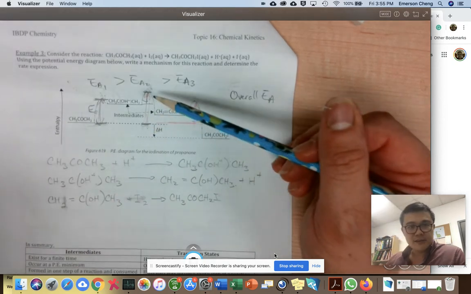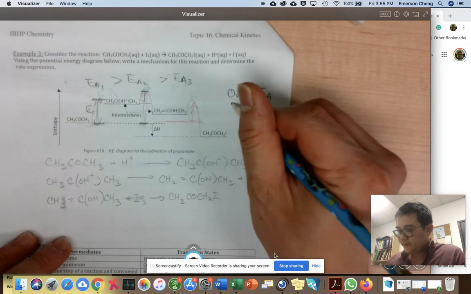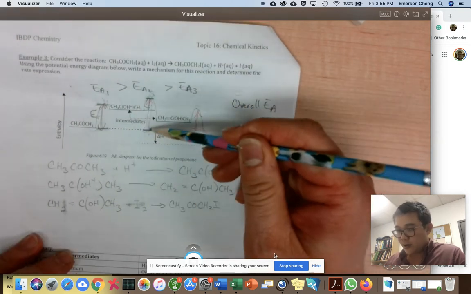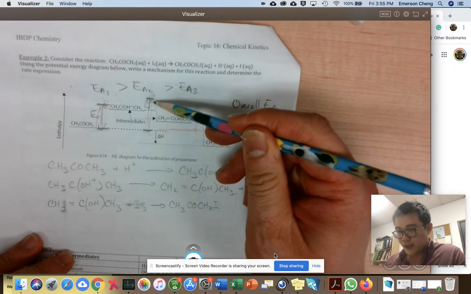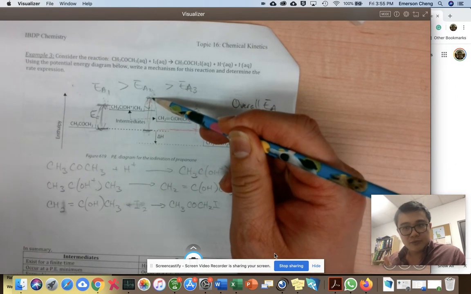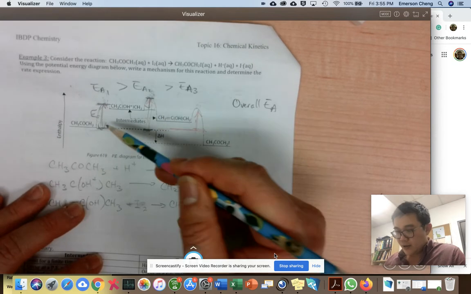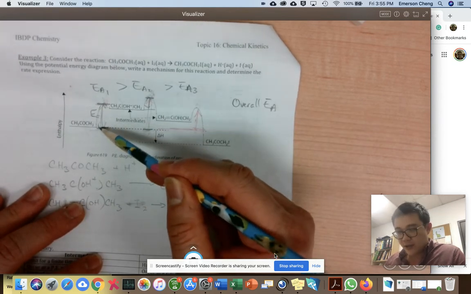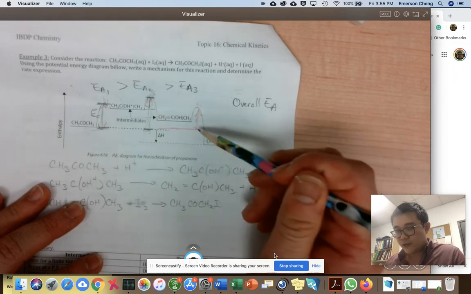So because of that, this is the weirdest part. If you're talking about overall Ea, you're talking about from here all the way to here. But if you're looking at which one's the rate determining step, you look at the one which is higher, the higher Ea of each elementary step.